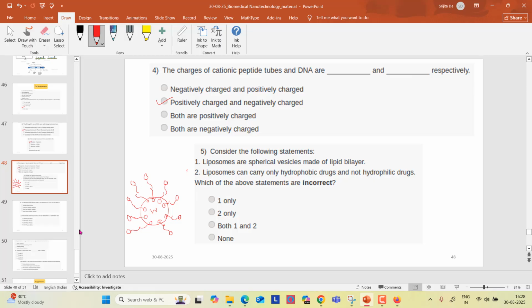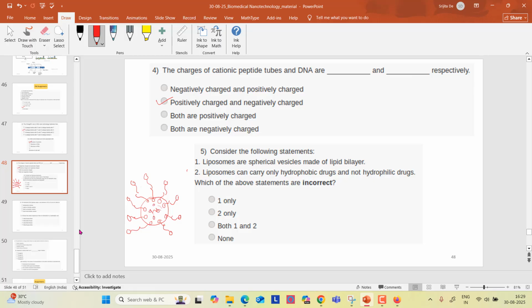But the second, liposomes can carry only hydrophobic drugs and not hydrophilic drugs, is not a true statement, because in the middle portion, the water layer, they carry our important drugs.